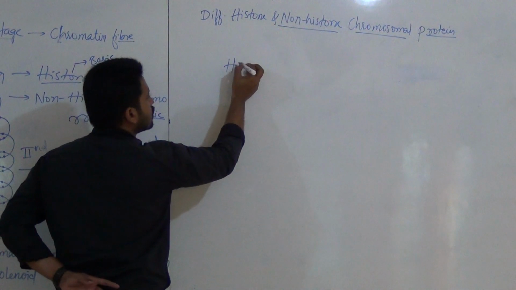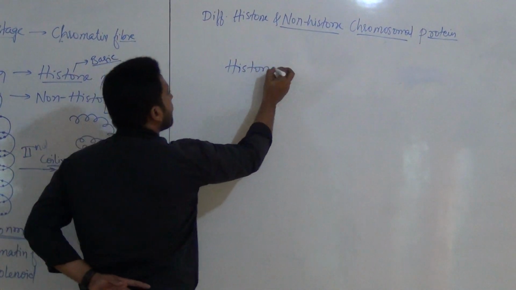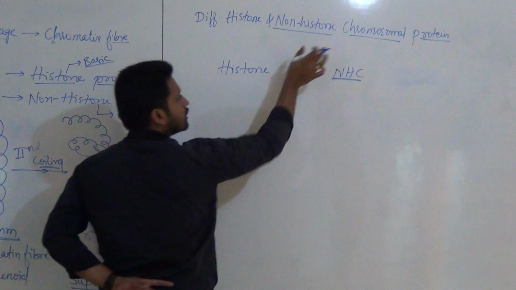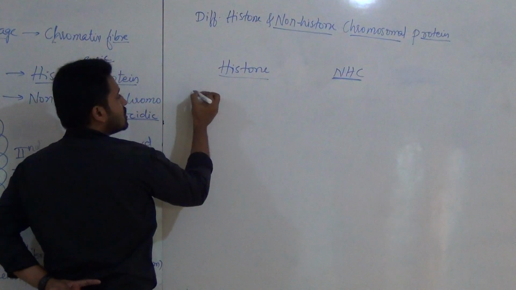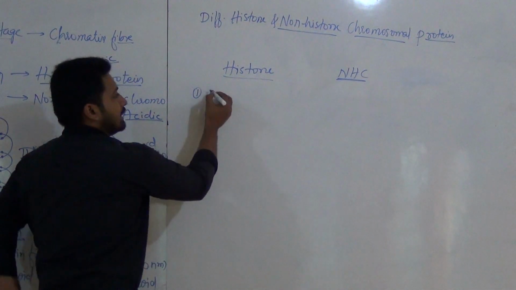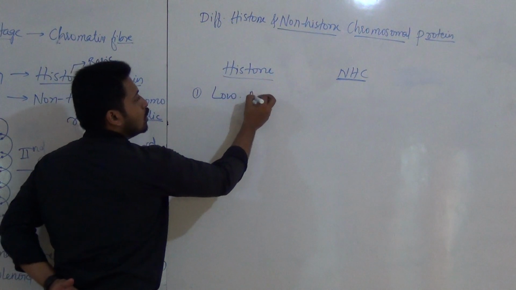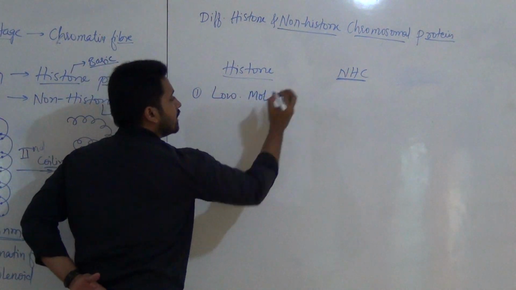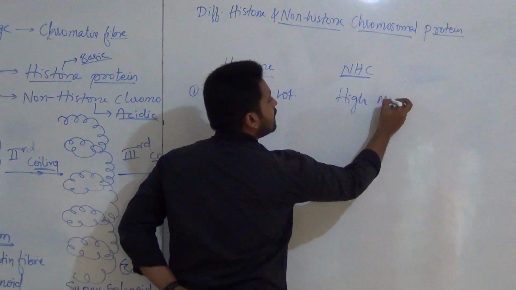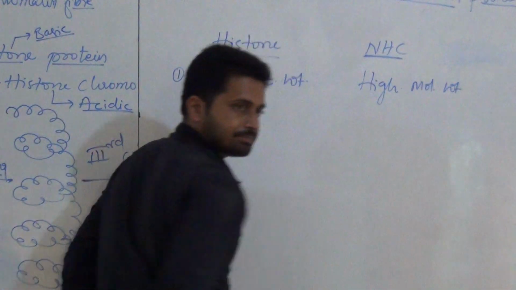Here I will write histone and here I will write NHC. First difference, its molecular weight is low for histone. For non-histone chromosomal protein, its molecular weight is high.